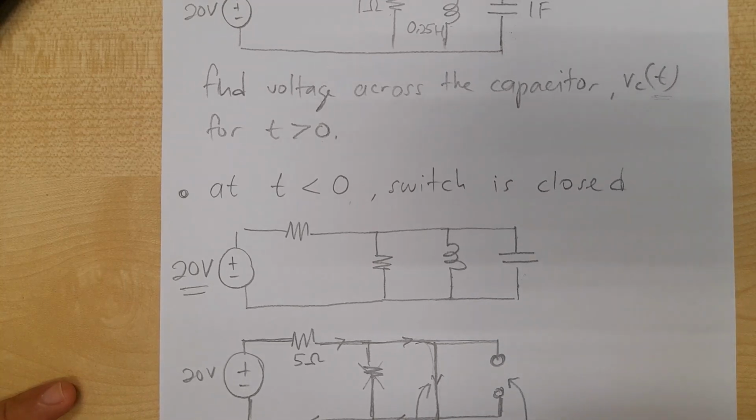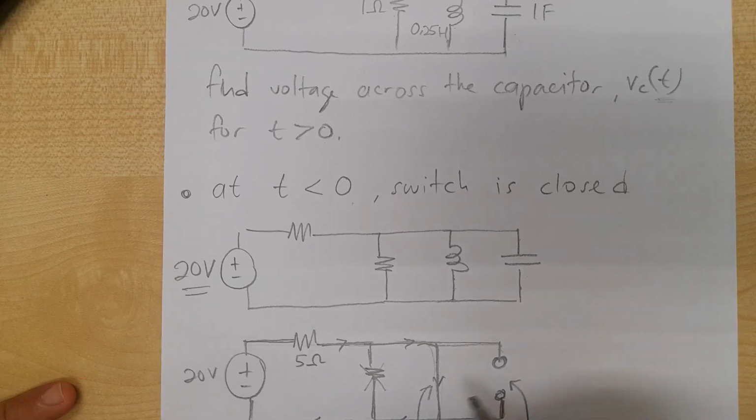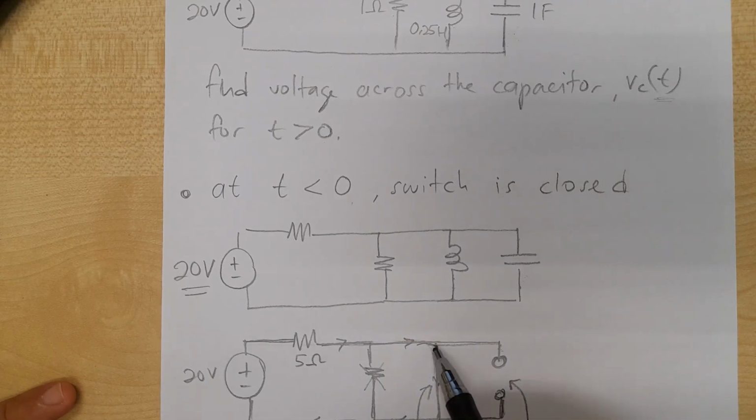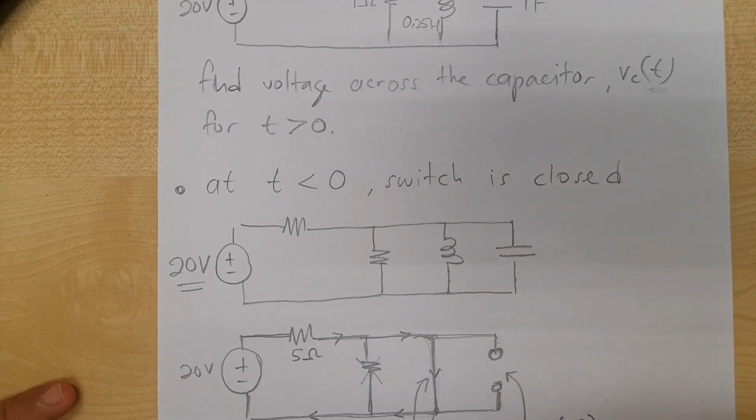And what about the voltage of the capacitor? The voltage of the capacitor represents the initial condition of the capacitor. Now, since this branch is shorted and this is also sharing the same voltage terminal, this is simply 0, right?